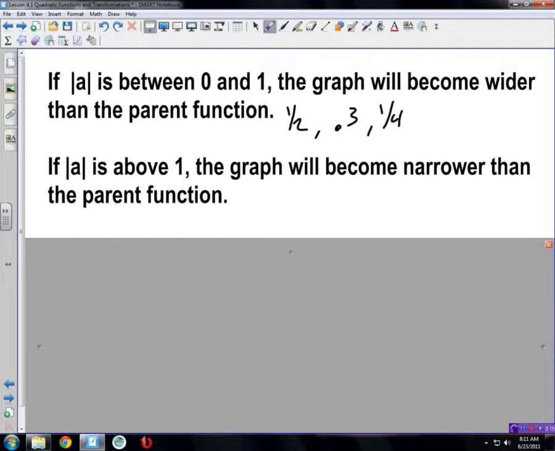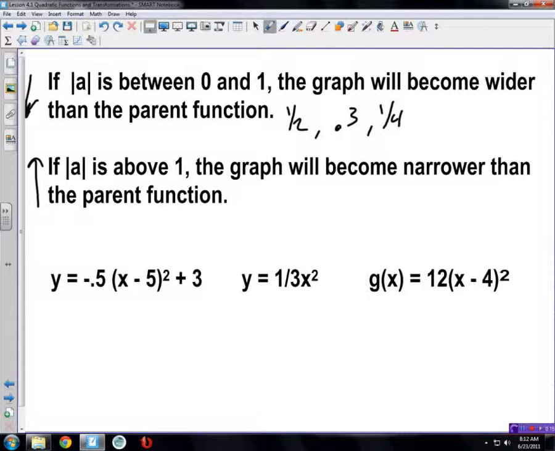Now we saw that in example 1, where it was 1/2 and it became a shorter, wider graph. If the absolute value of A is above 1, the graph will become narrower than the parent function. And I would really like to think of this top one as being the compression, which means it's going to get smaller, and this bottom one as being a stretching, making it taller, so shorter and taller.